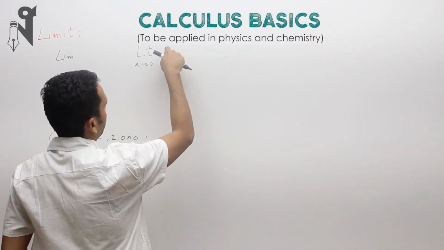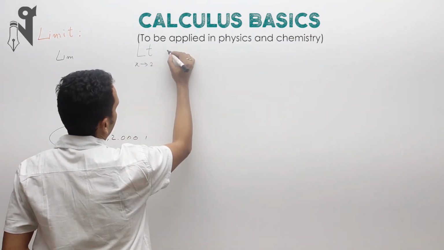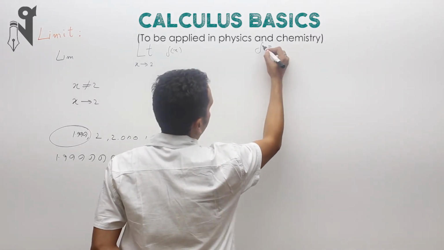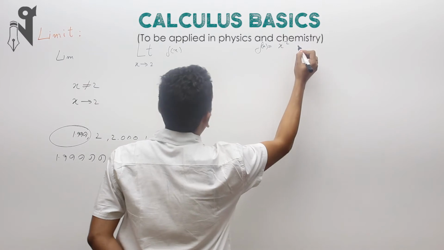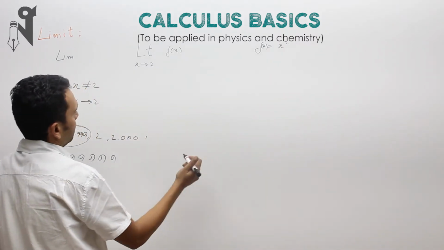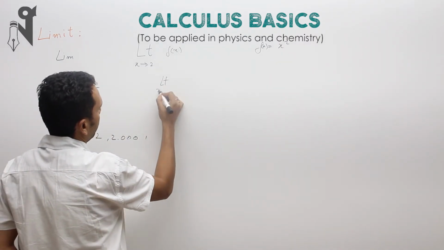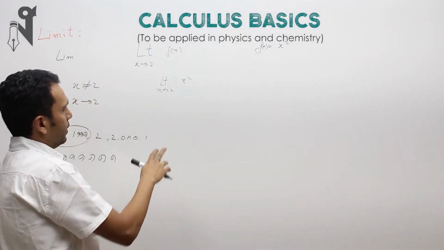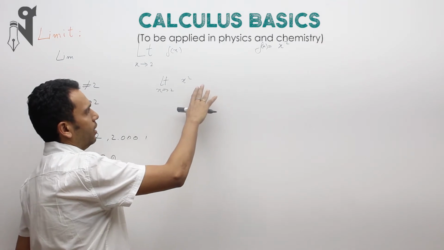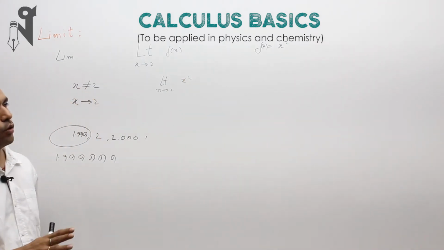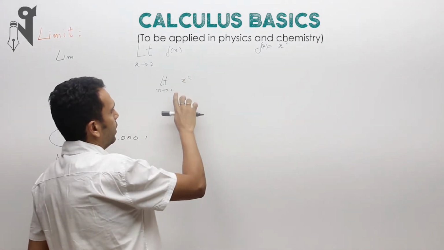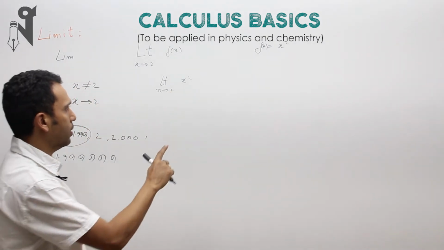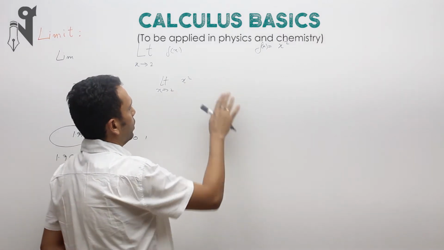And then if there is a function over here which involves x, a function of x, and let that function be a very simple function, say x square, then what's the answer? The answer would be limit x tends to 2 of x square. So if it was 1.99999, my answer would have been very close to 4 but just less than 4, and had it been 2.00000 million zeros and 1, the answer would have been just more than 4.